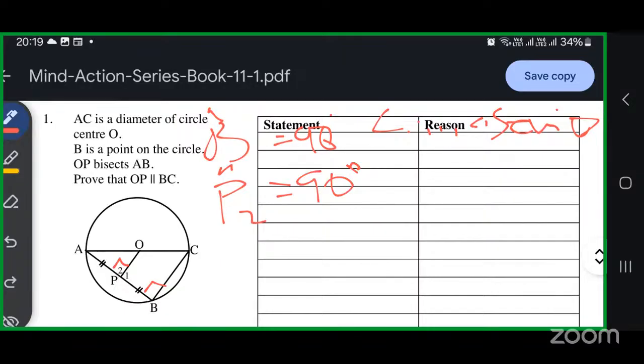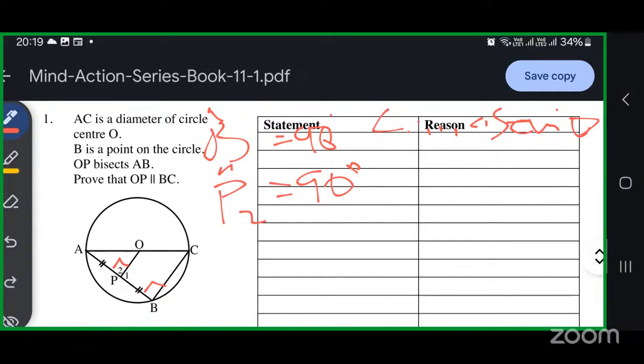In order for some angles to correspond, there is a reason behind that correspondence. Corresponding maybe because this is parallel to that. So why are you saying they are corresponding? I don't know the reason, sir.